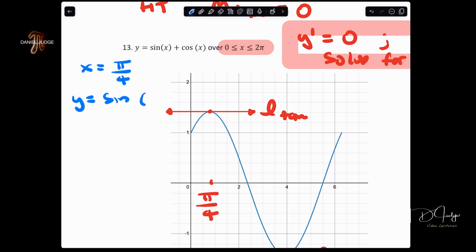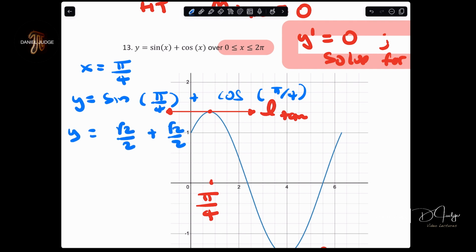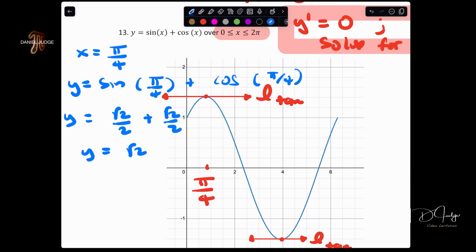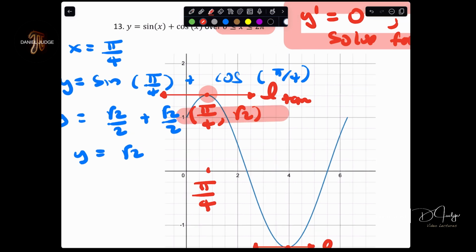Y is sine pi over 4 plus cosine pi over 4. Now, you guys should know that this is the square root of 2 over 2 plus the square root of 2 over 2. Y is simply the square root of 2. So the location, x is pi over 4, y is square root of 2. This is our location here. There it is.